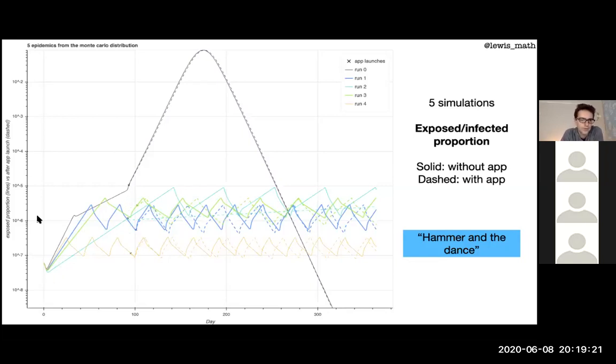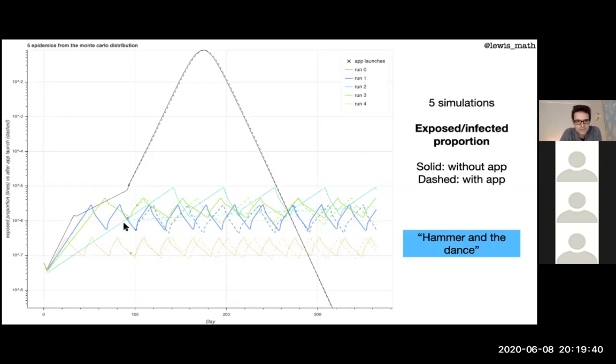On the y-axis, I'm plotting the exposed proportion, the proportion of people who are exposed, which is the same as the number of people who get infected in this model. You see that generally the number of people exposed takes off slower in the worlds with the app than without.